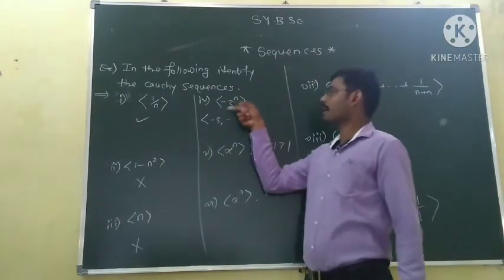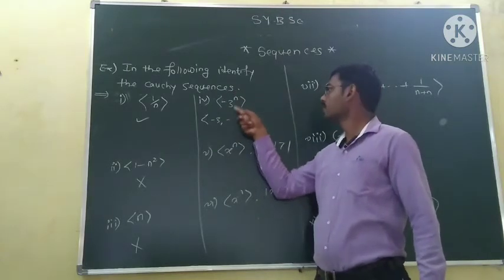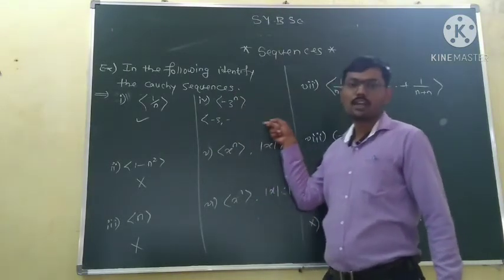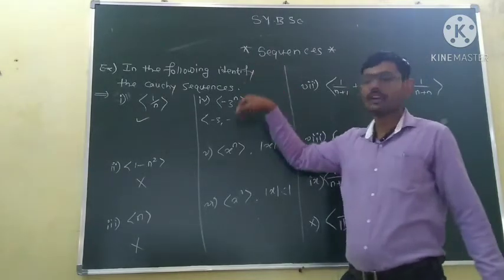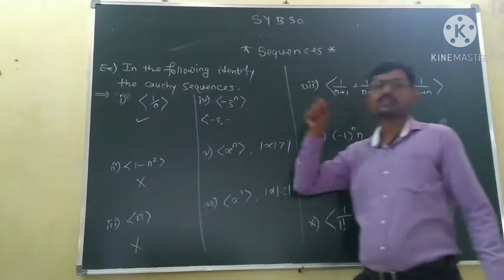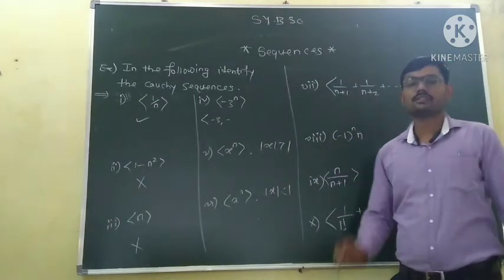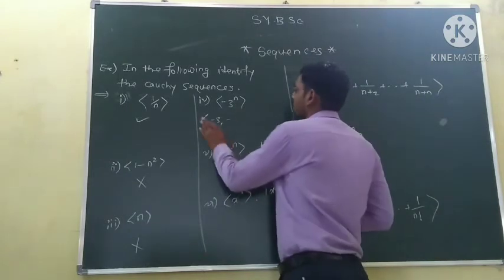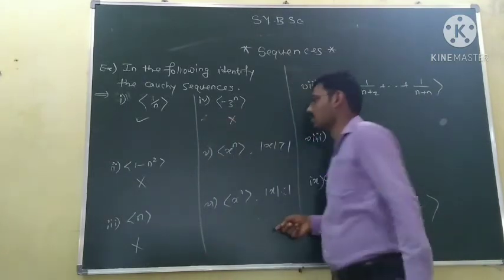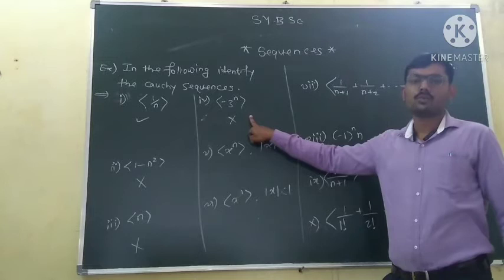So the second term is minus of the square of 3, which is minus 9. As n tends to infinity, 3 raised to power n tends to infinity, so this sequence tends to minus infinity. That is, the sequence is not convergent, so it is not a Cauchy sequence.